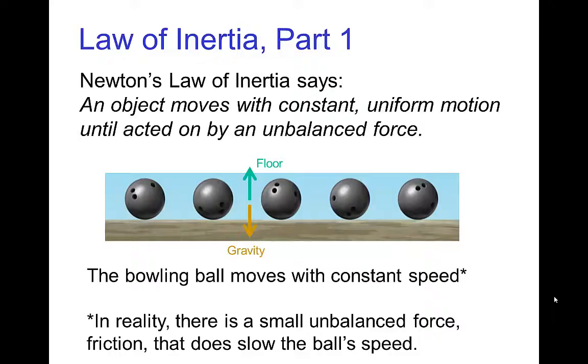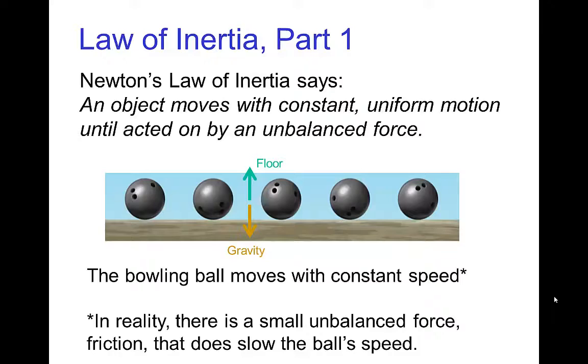So if all the forces are balanced, like in this example of a bowling ball rolling on the floor, the weight of the bowling ball, that downward force of gravity, is balanced by the upward support of the floor. So in this case, there's no unbalanced force, and so we have constant uniform motion.